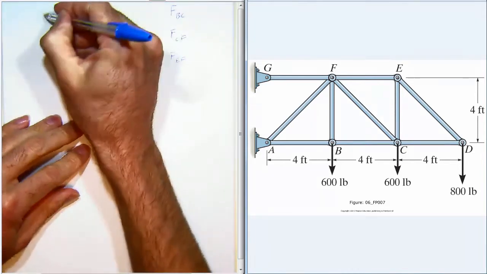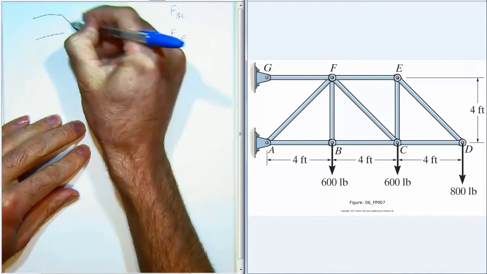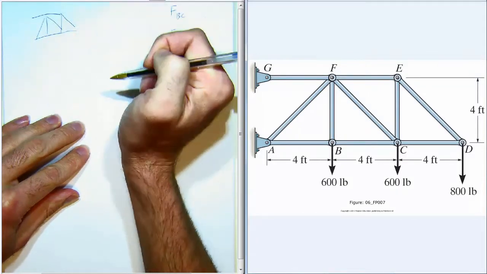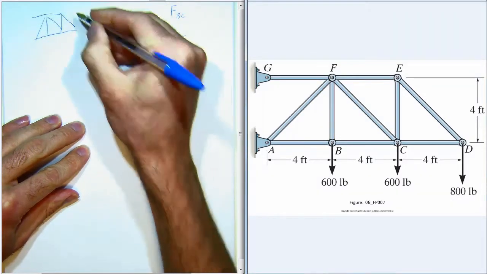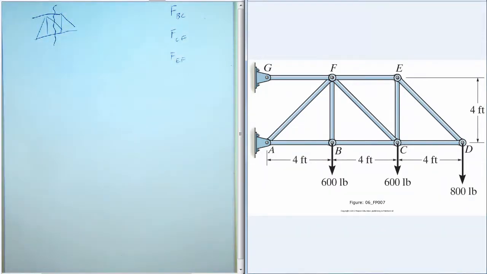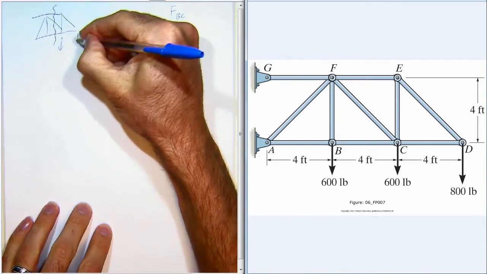So just sketching real quick this truss here. We will want to take our section right through here. That will turn the internal forces in those three members into external forces.